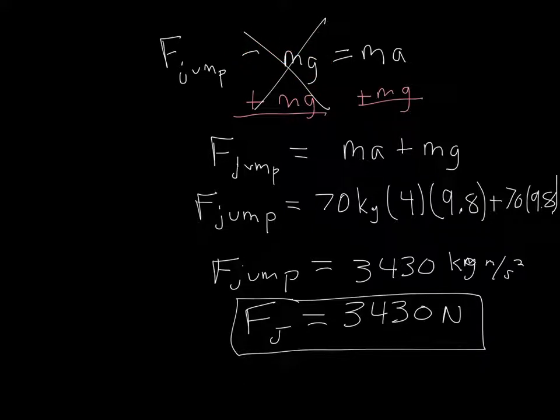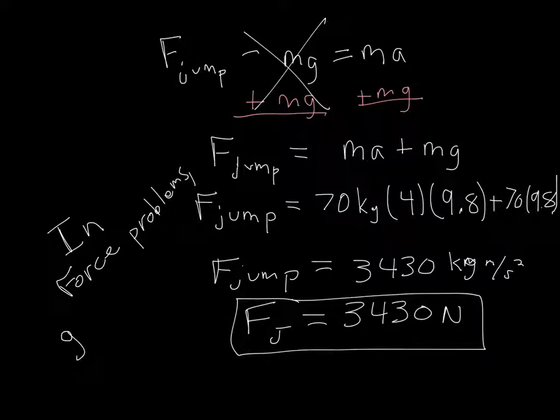So in force problems, typically, when you're plugging in g, you're going to plug in a positive 9.8. This is different than kinematics problems, where typically you're plugging in a negative 9.8. And that's because you take care of the directional negatives when you're actually writing out your sum of forces. So let's see another example of a force problem.